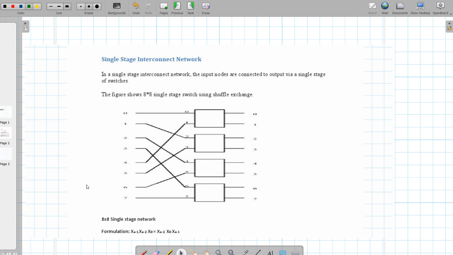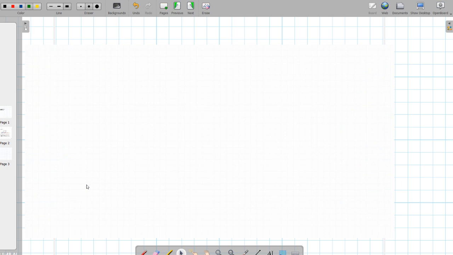Now, how does the shuffle exchange interconnection network go? To understand that, let me draw a sequence of processors. Say you have 8 processors in your system, whose addresses are 0, 1, 2, 3, 4, 5, 6 and 7.